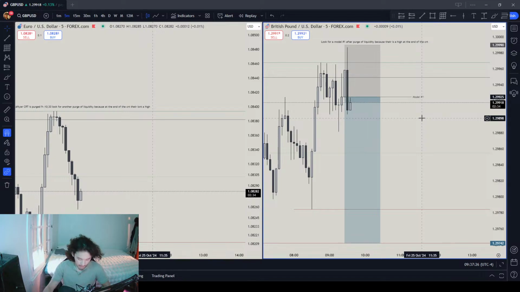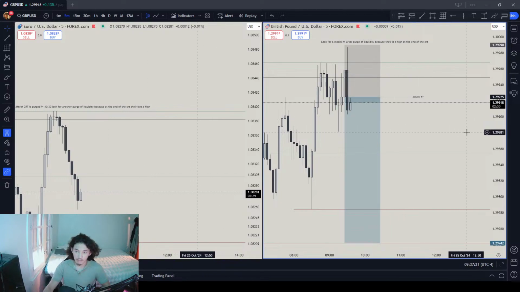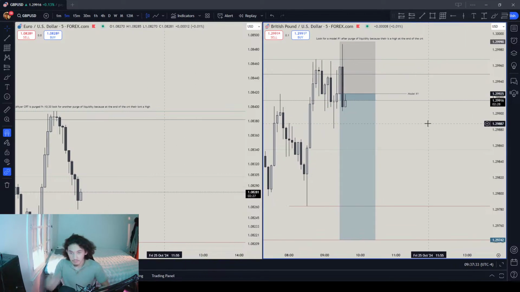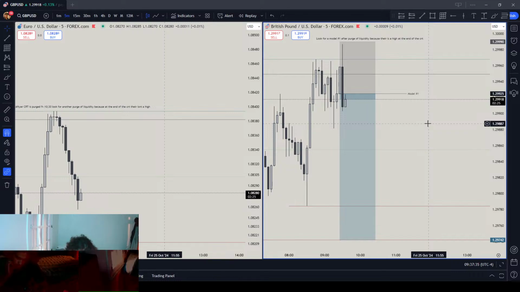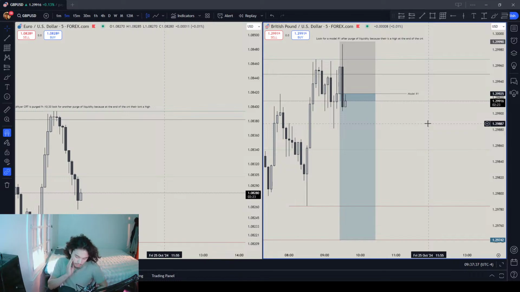It has not hit our high yet. So we're still waiting. It has not hit our CRT yet, so we're still waiting. If it doesn't touch, I'm not taking it.